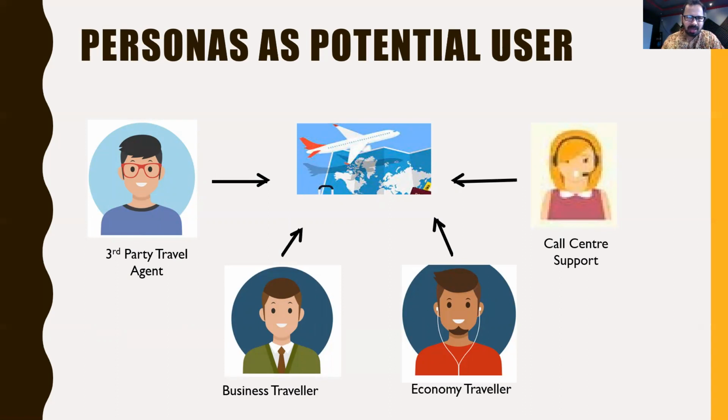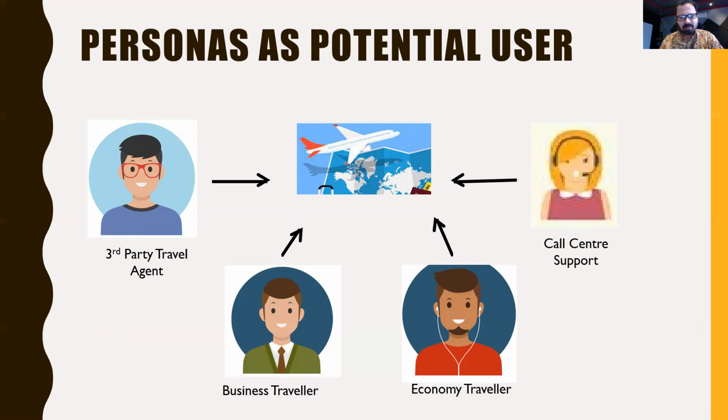Now let's say we have a platform for flight reservation. If you think in terms of who the people are who might come and use our platform, possibly it could be used by a third-party travel agent, so the travel agents may log in and book a couple of tickets in bulk.